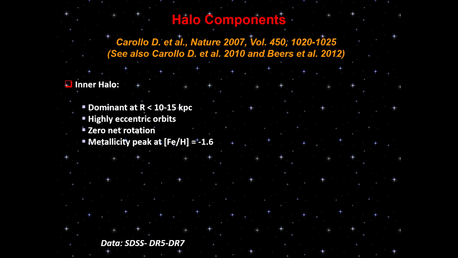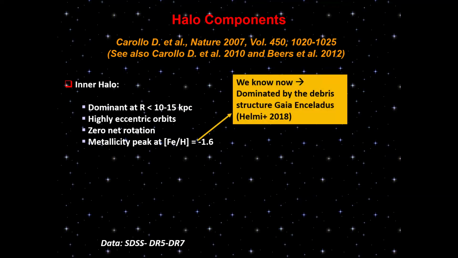The inner halo, which is dominant at galactocentric distances less than 10 to 15 kiloparsec, shows highly eccentric orbits. On average it does not rotate, and the metallicity peak is at -1.6. We now know that this structure is dominated by the Gaia-Enceladus debris system, and I'm sure you have heard about this structure, but I will talk more about it later.